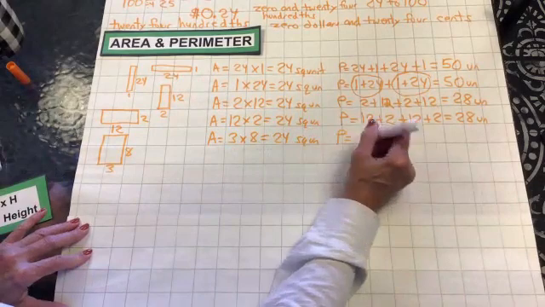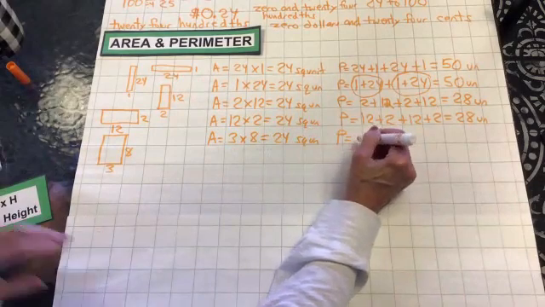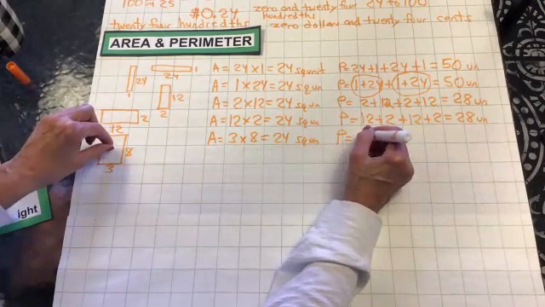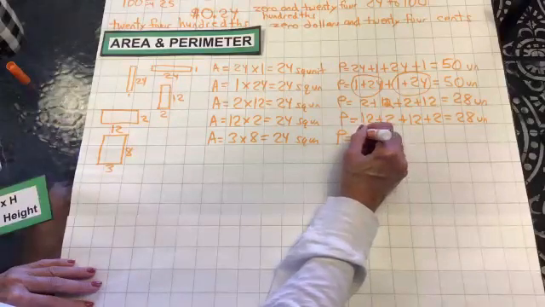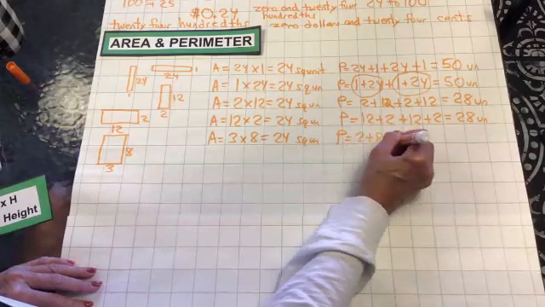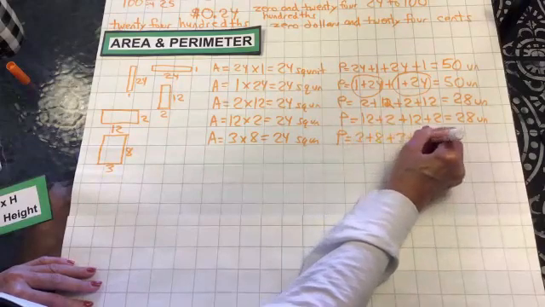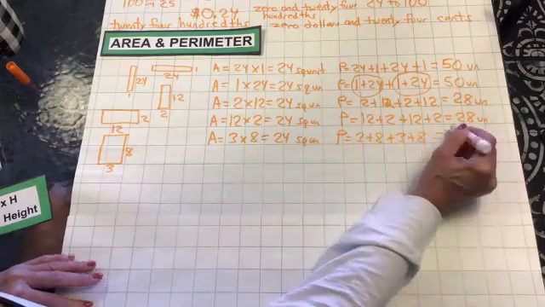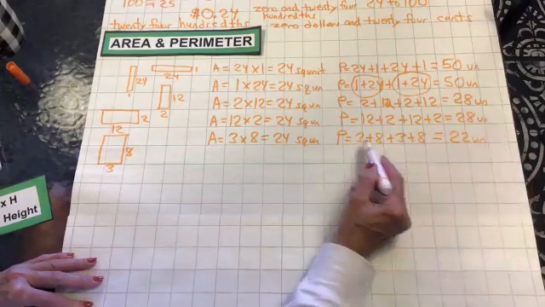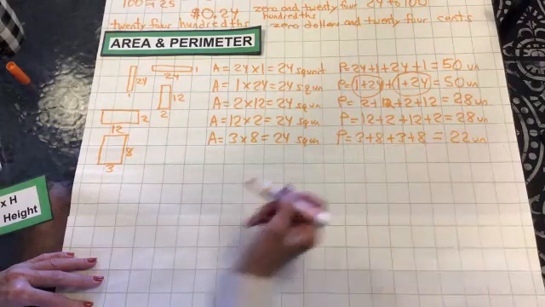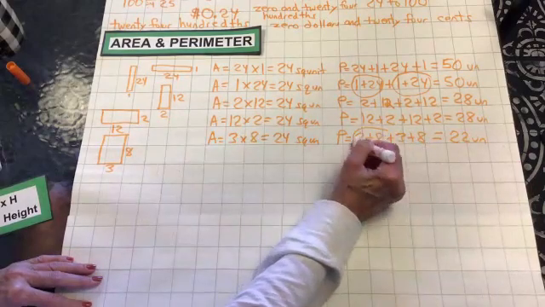And of course, the perimeter is going to get less and less because we're putting squares in the middle that we don't touch by the perimeter. So this would be a 3 plus 8 plus 3 plus 8, which equals 22 units. This would be 11 plus 11 if I put these together.